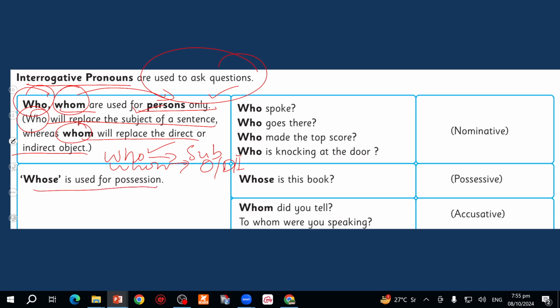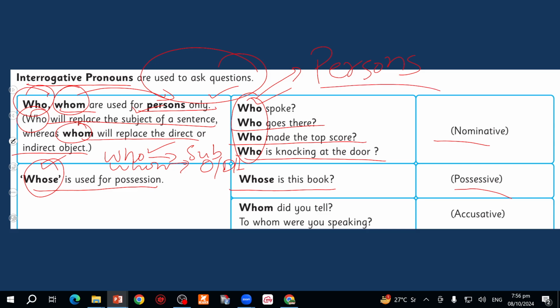Whose is used for showing possession. For example, whose is this book? We are showing possession. Who spoke? Nominative. Who goes there? Who made the top score? And who is knocking at the door? We are referring to persons, and that's why we are using the interrogative pronoun who.